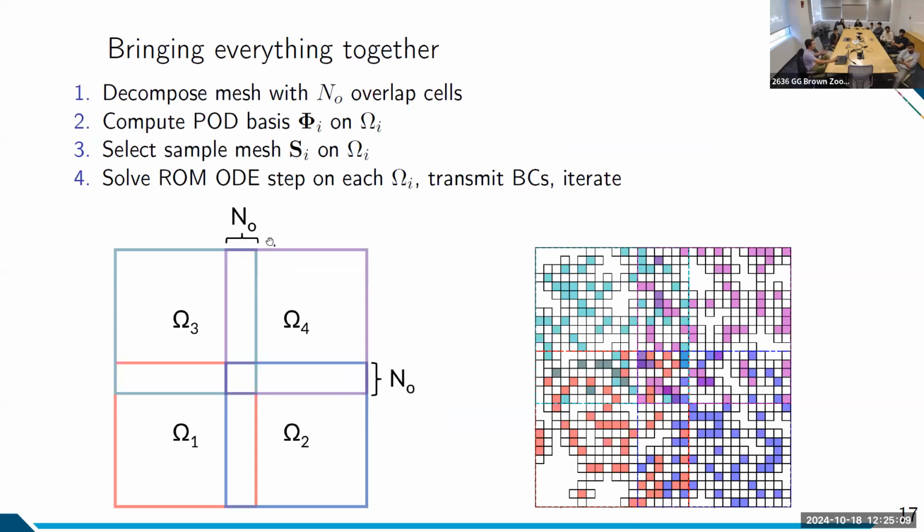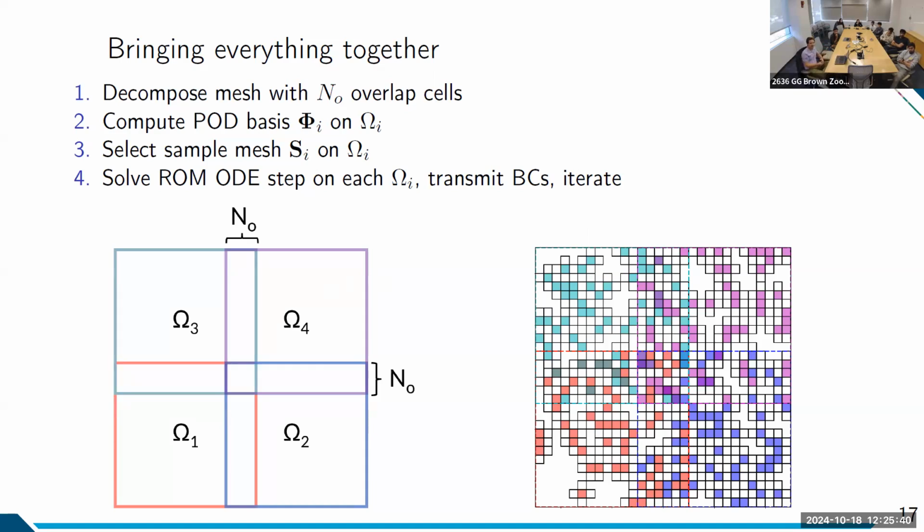In each of these subdomains, after simulating your monolithic solution for your training data, you're computing a POD basis for each of these separate subdomains. And then you are selecting some sample mesh on each of these subdomains. And then you're just independently solving a ROM ODE on each of these omega i's. At every step, you are transmitting the boundary conditions to its neighboring subdomains, and you are iterating until you're converging within each of your physical time steps.